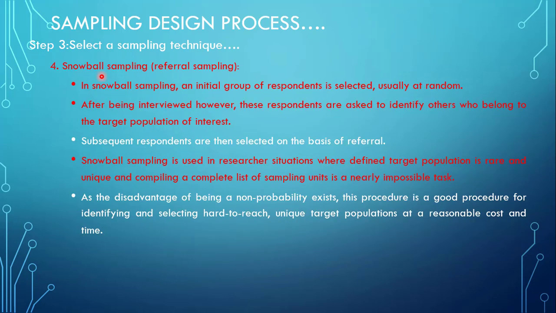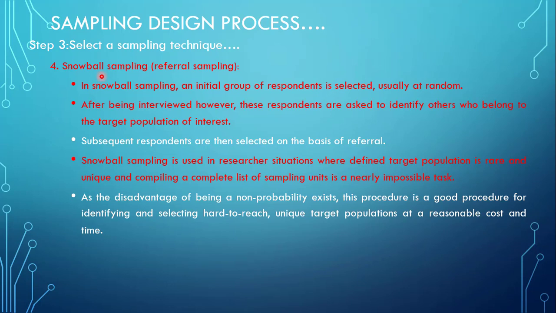The fourth is snowballing or snowball sampling. The other name for snowball sampling is referral sampling. Here, what you are going to do is select a respondent randomly. So there will be one initial group that will respond to your questionnaire or your interview, and after interviewing that individual, you are going to ask the individual for a referral to tell you of other individuals who could help you in providing information.